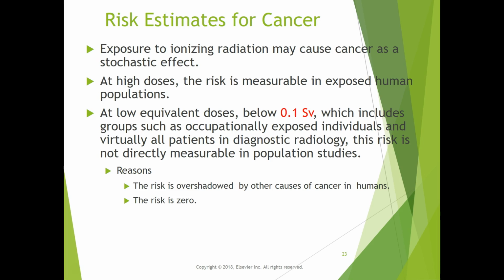And like I said, that could be because the risk is negligible. We do not think it is zero in our field, especially since we are using the LNT curve, where there is no safe amount without some type of observable effect, even if it's late. But it could be overshadowed by other causes of cancer.